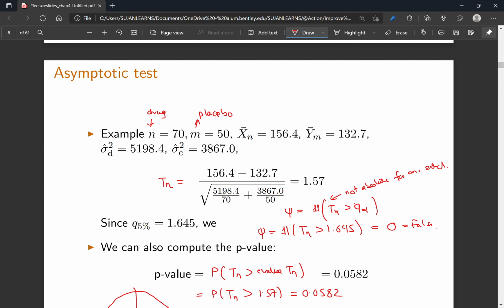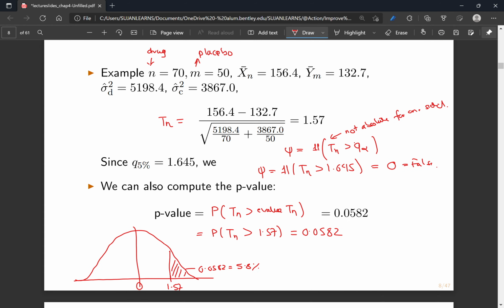In this way, we computed that we cannot reject the null hypothesis based upon the data provided. Then we went one step further and calculated the p-value for our test, which came to 5.8%. That tells us that we cannot reject anything below 5.8%. We can only reject at 5.8% or above.